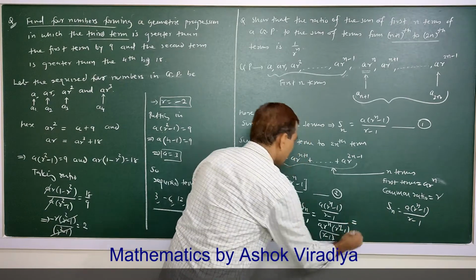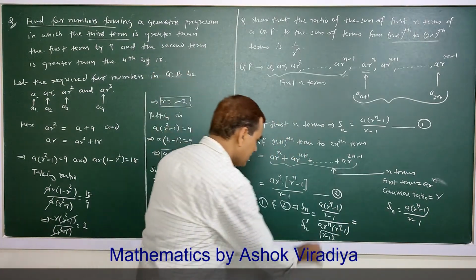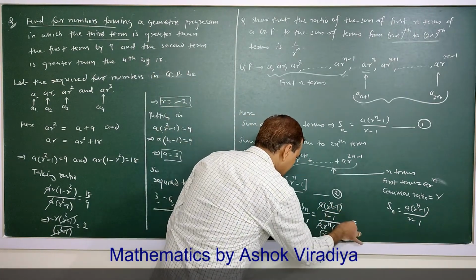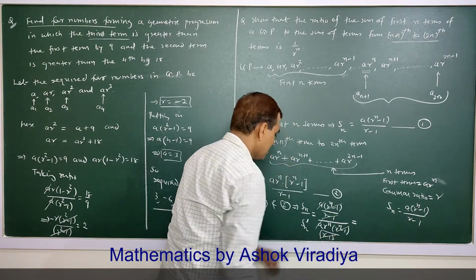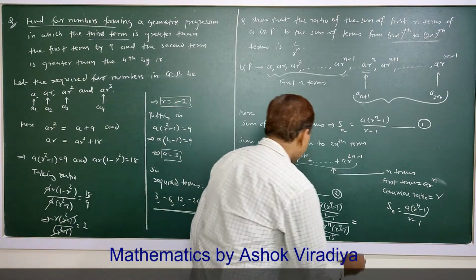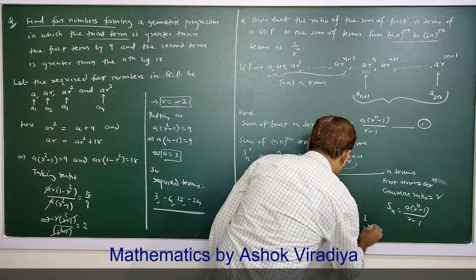So it is equal to, say this will be cancelled, this will be cancelled, r minus 1 will be cancelled. So what is left? 1 upon r raised to n. So 1 upon r raised to n is left.